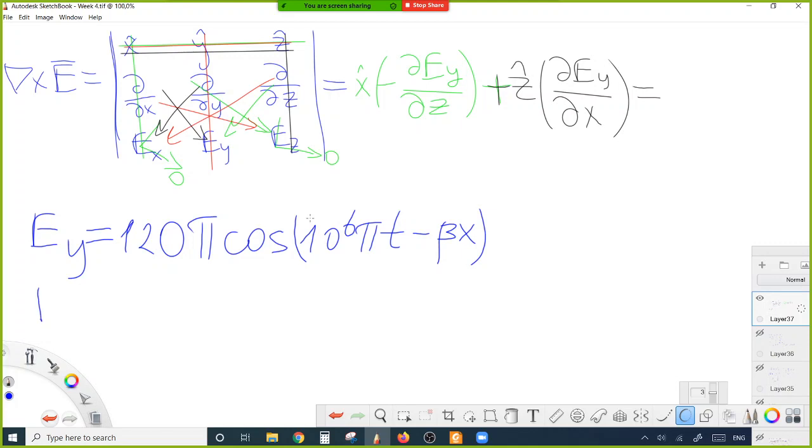It means that Ey is a function of x and t. The component along y is a function of x and t. It means that the derivative of Ey with respect to z will be 0. And we have only the derivative of Ey with respect to x.